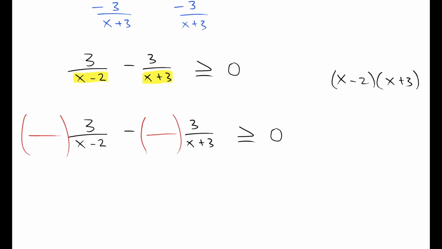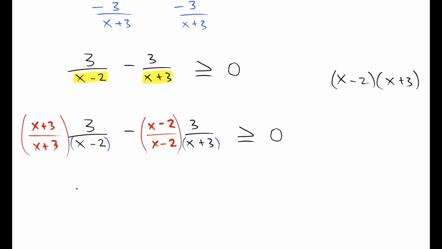So just multiply your left side by x plus 3 over x plus 3, and then multiply your right side by x minus 2 over x minus 2. Whenever you have a fraction times a fraction, you want to assume that there are parentheses around the numerator and denominator.